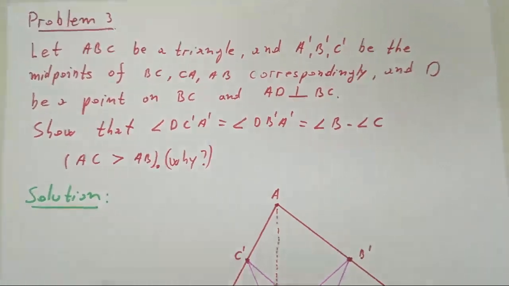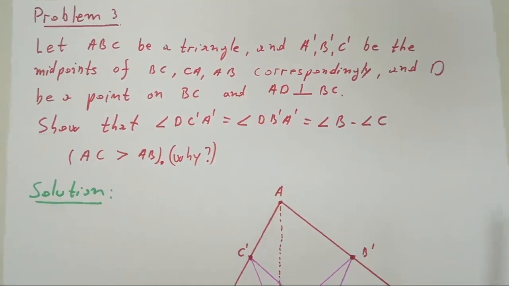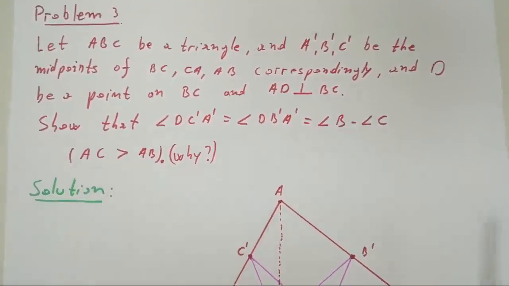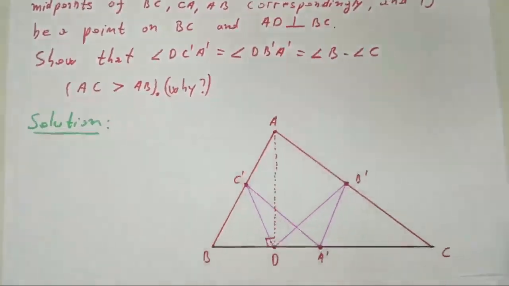Show that the angle DC prime A prime is equal to DB prime A prime, which is equal to beta minus gamma. We have one condition here. You can answer in the comments why AC should be bigger than AB. I will wait for your comments and then I will continue showing the solution.